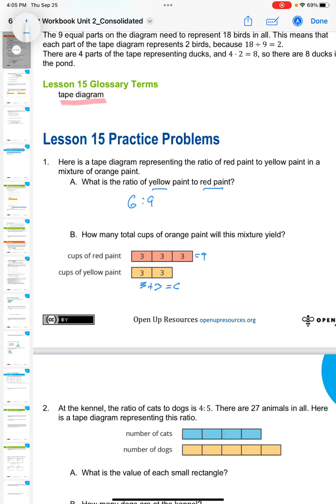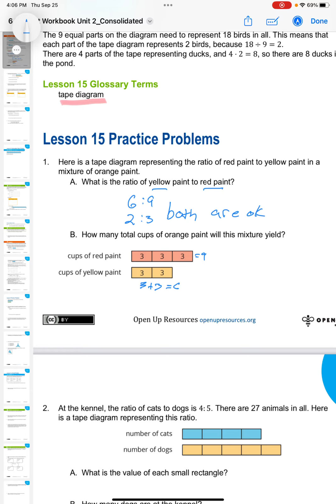Now, we can say that simplifies. There's 2 squares and 3 squares, so 2 to 3. Both of these are okay because they are equivalent ratios, so it doesn't matter. Both are okay.